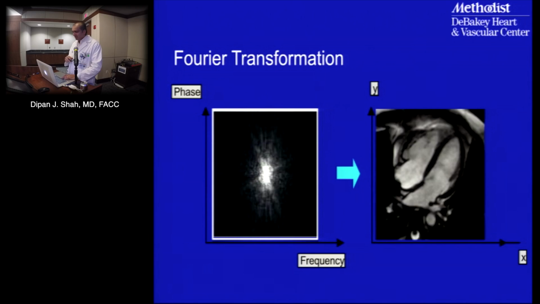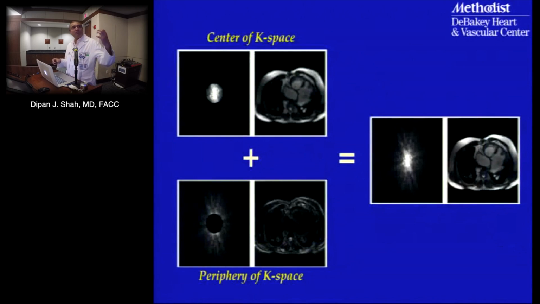Now, a couple important things to keep in mind: when you convert from K-space to image space, every line of K-space somehow contributes to the image. So if I acquired, for example, the center lines of K-space, it's not like I get just the center of my image. Rather, the center lines of K-space give you information about image intensity.